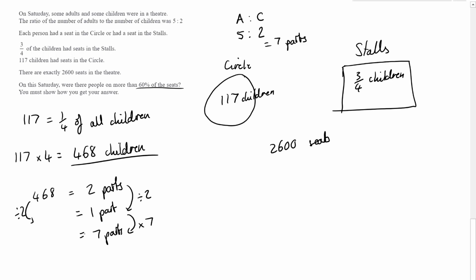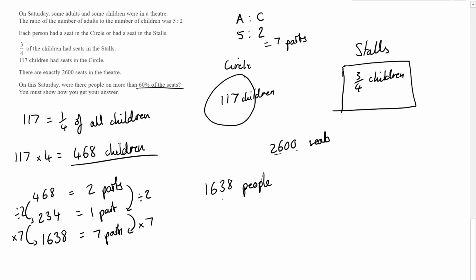Okay, so 468 divided by 2 is going to give 234. And then timesing that by 7 is going to give 1,638 people. So there are 1,638 people, and there are 2,600 seats. And we want to know, are there more than 60% of the seats filled?